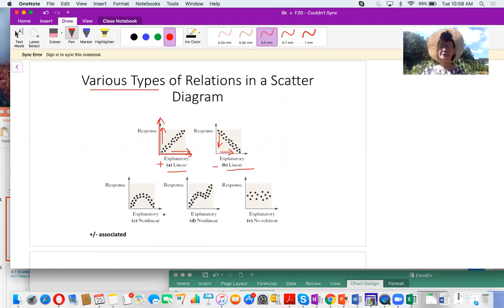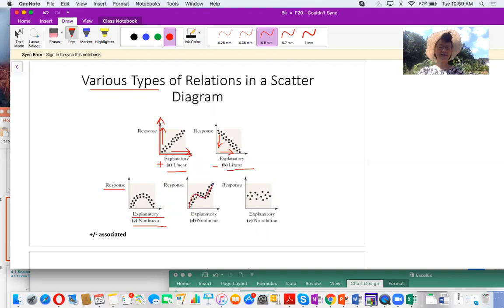And sometimes when you draw the scatter plot, you get this like parabola. And this is a non-linear relationship between explanatory variable and the response variable. Other kind of non-linear, you have this, okay?